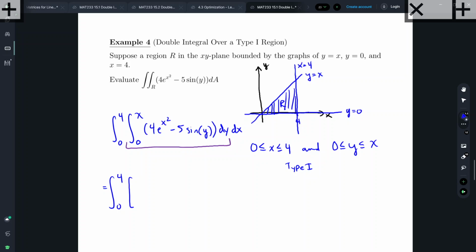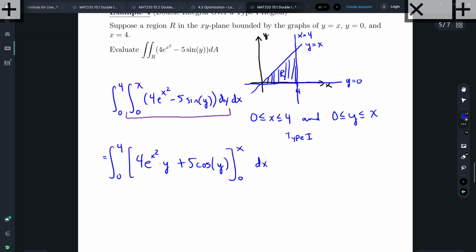So this would be 4e to the x squared times y, and then here again y is the variable, so the antiderivative of sine is minus cosine, but because of this minus sign, minus minus becomes a plus, so this is plus 5 cosine of y. And this needs to be evaluated between 0 and x.